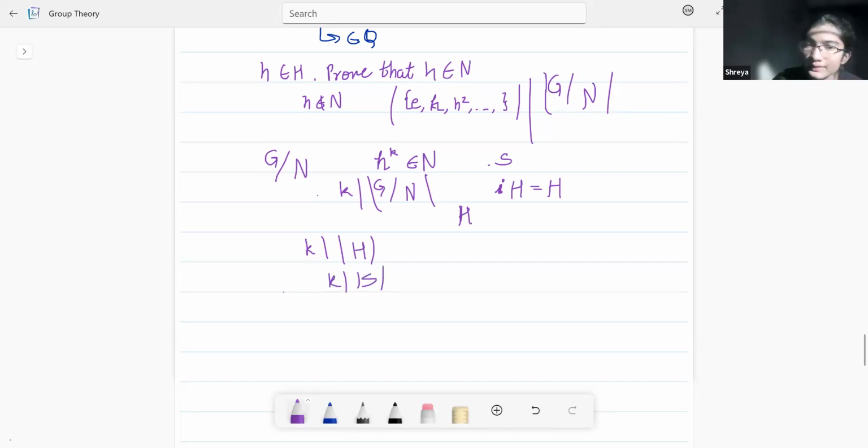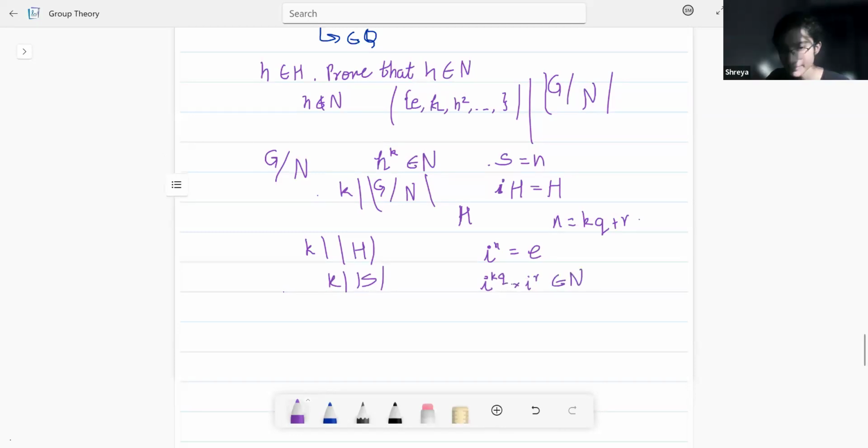Why does k divide cardinality of S? Okay, if cardinality of S is equal to n, then you have i to the n is equal to identity. But if n was not divisible by k, then you can write n is equal to kq plus r by division algorithm, and then you get i to the kq times i raised to r.